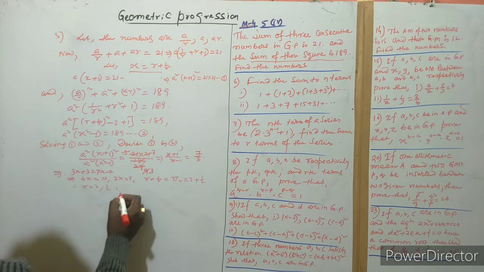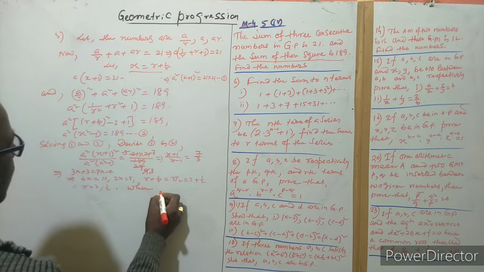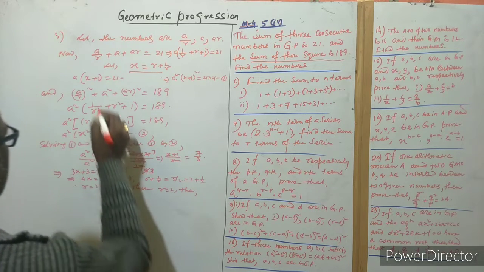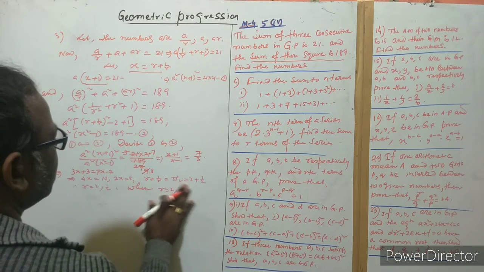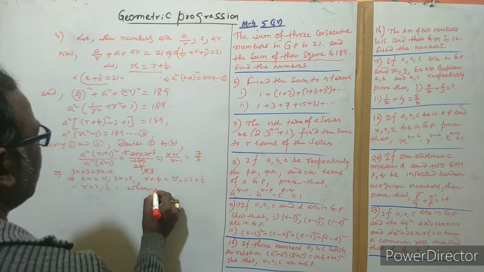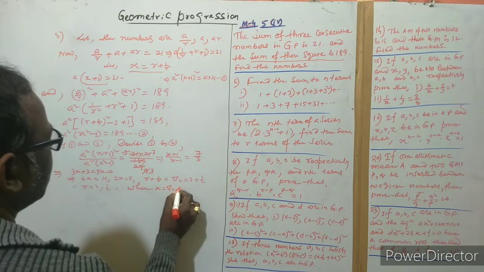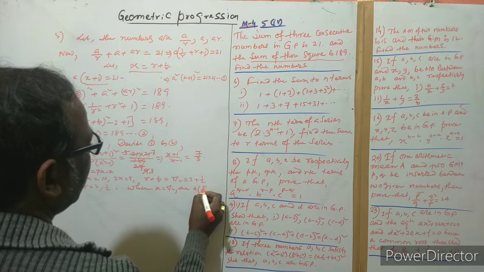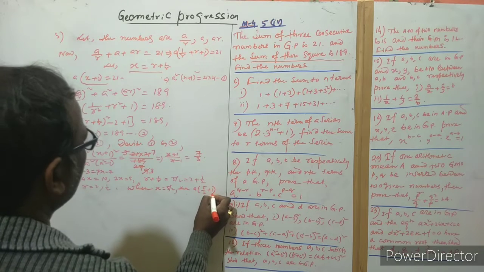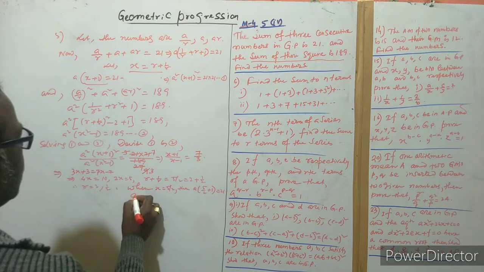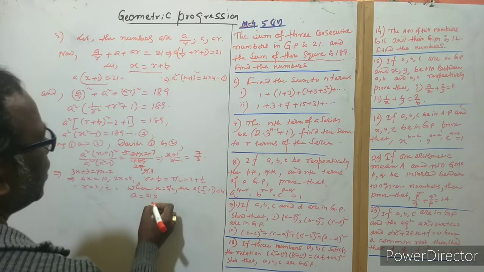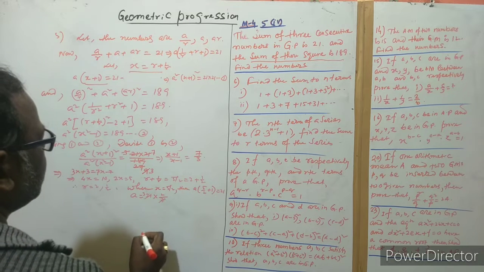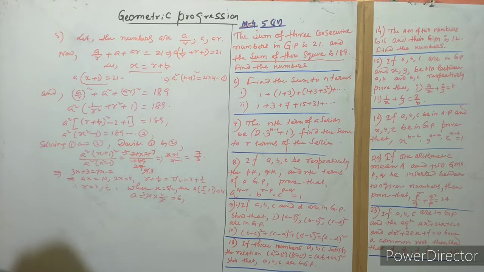When r is equal to 2, x is equal to 5 by 2. Then a times (5 by 2 plus 1) is equal to 21, so a is equal to 21 into 2 by 7, and this is 6.